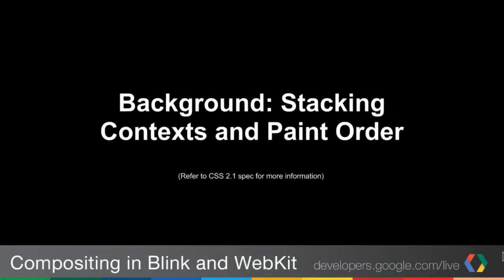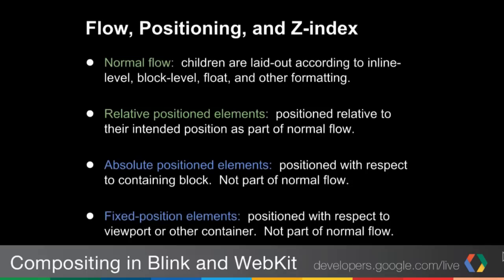So, in order to describe why we would choose things to be composited and how we do that, let's really quickly cover some CSS details. You might already know about positioning. Elements can be in what's called normal flow, where layout positions them automatically, and elements interact with each other when they're all in normal flow.